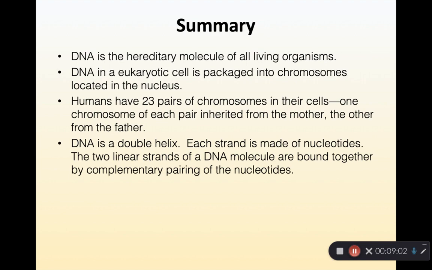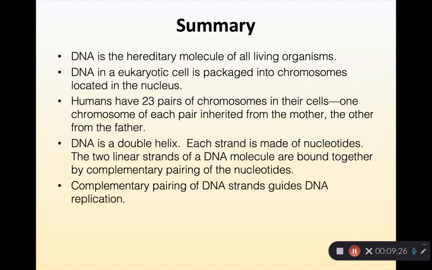And then we also focused specifically on what the structure of DNA looks like. We saw that DNA is a double helix. Each strand is made of nucleotides, and the two linear strands of a DNA molecule are bound together by those complementing pairs of nucleotides, adenine, thymine, cytosine, and guanine.